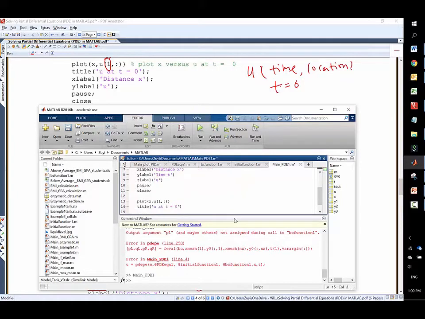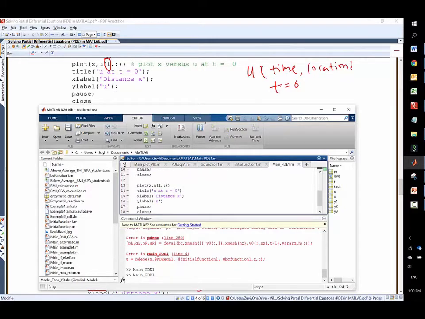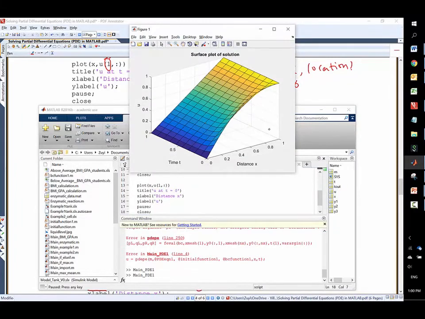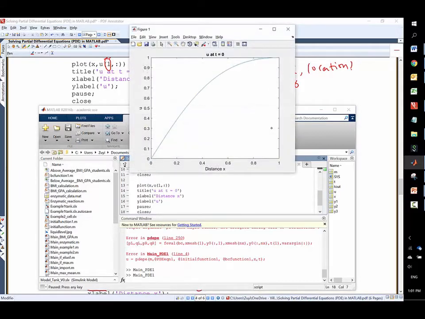Okay, then x label, and then we get distance, y label, this be U, and then pause and close. And now let's get this one done first. Okay, you see the computer is waiting for any command from the keyboard, right? So I click and then close. And then you will get the U at different locations at time 0.